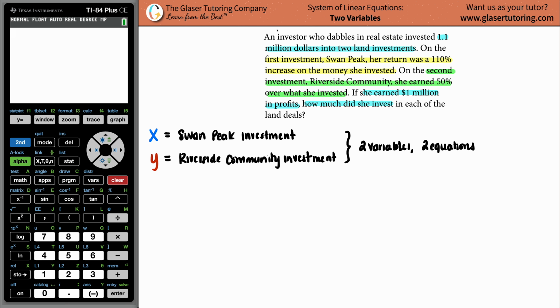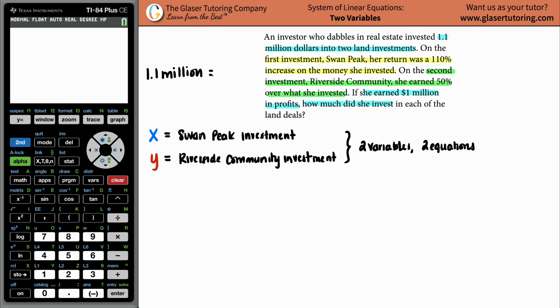But let's see, the first thing that this question says is that the investor dabbles in real estate and she invests a total amount of $1.1 million into two land investments. Now, 1.1 million, when we're starting with formulas, we always like to write out the actual amount, right?